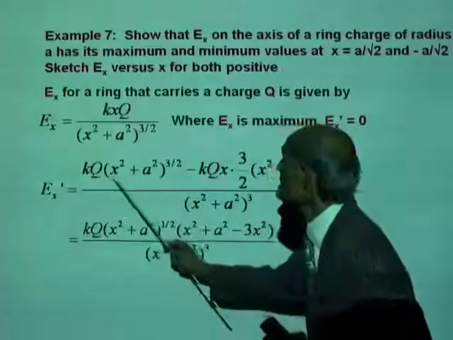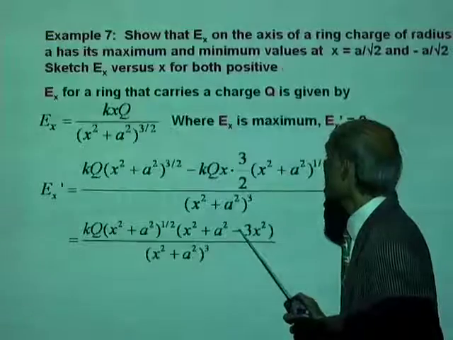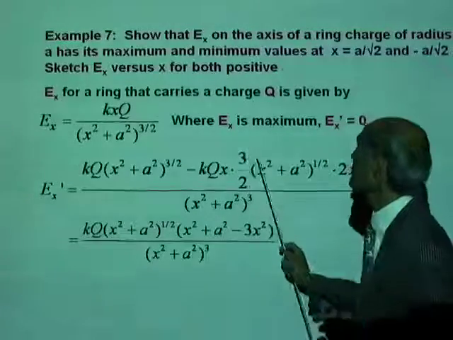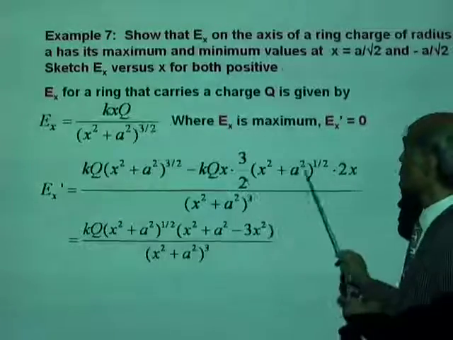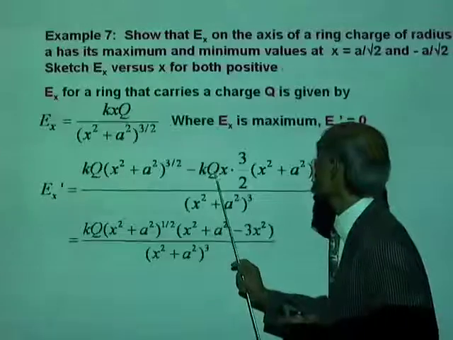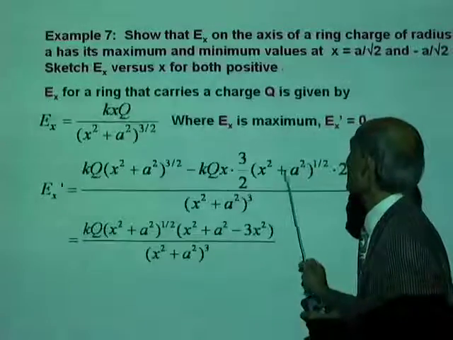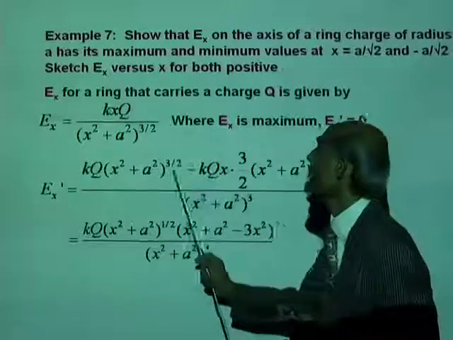That means what is left here is x squared plus a squared, minus what is left there. First of all, I cancel those 2s, so the 2s don't exist. Now you can see kq times (x squared plus a squared) to the power of 1/2 has come out.